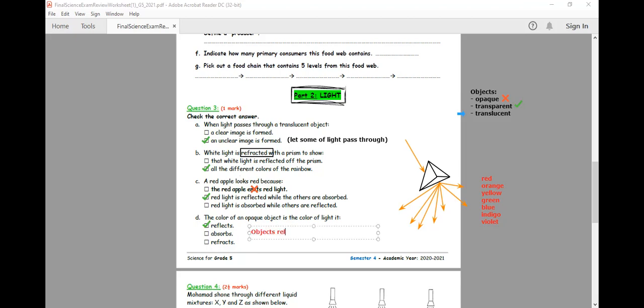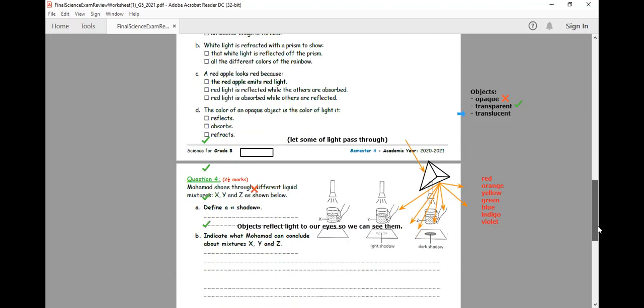Objects reflect light to our eyes so we can see them. And according to the color of light reflected, we see the color of the object. So reflect light.